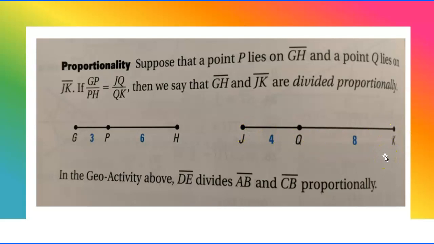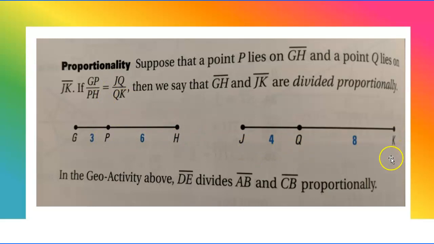So this is right in your book, so you can either look at the book or the screen. Then we want to try to figure out if these are proportional, just like we were doing with triangle sides. And so we're going to set up a ratio GP over PH equals JQ over QK.